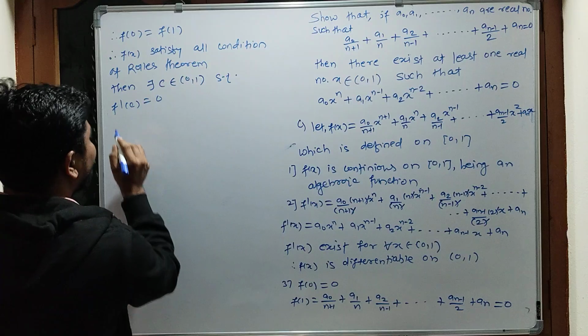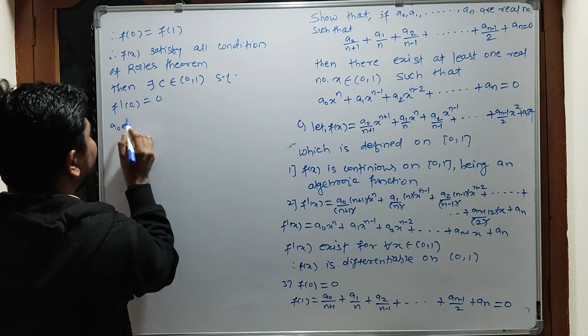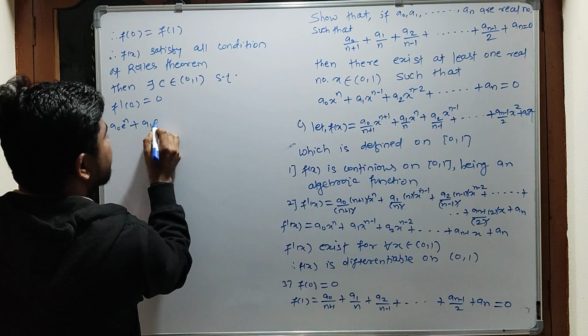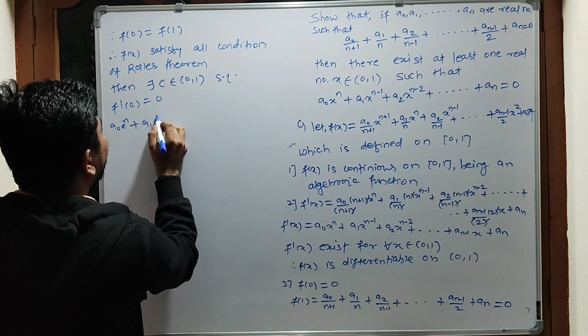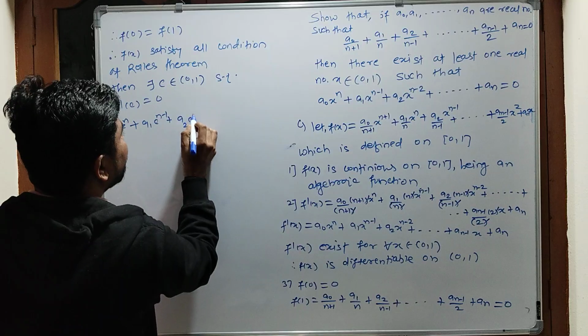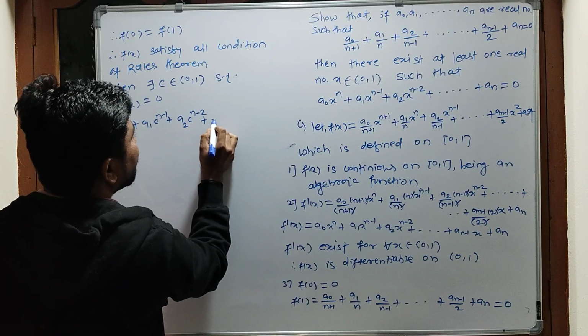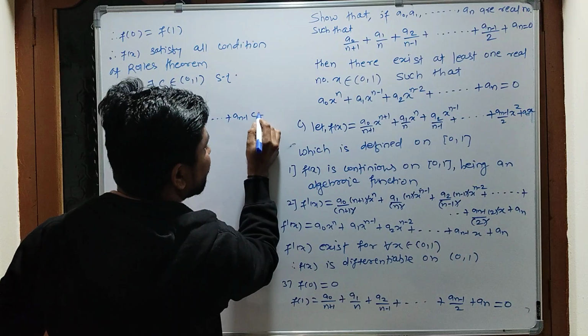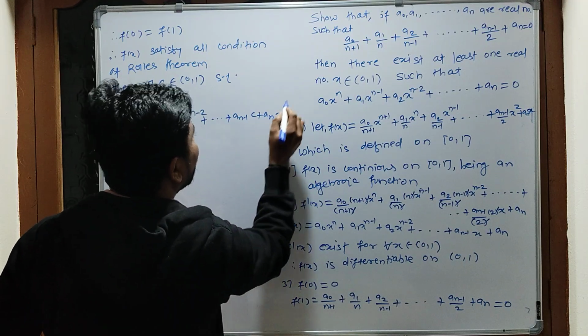Therefore f dash of c equals 0 means a0 c power n plus a1 c power n minus 1 plus a2 c power n minus 2 plus dash up to an minus 1 c plus an, which is equal to 0.